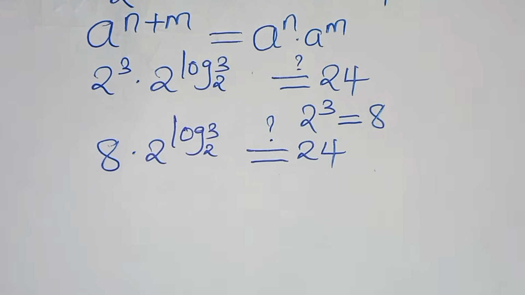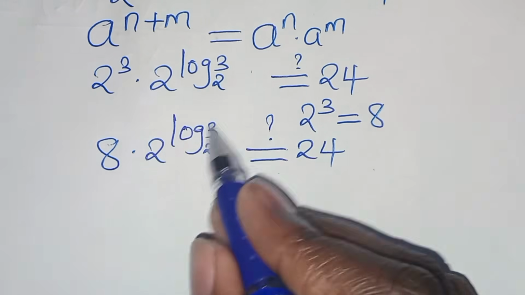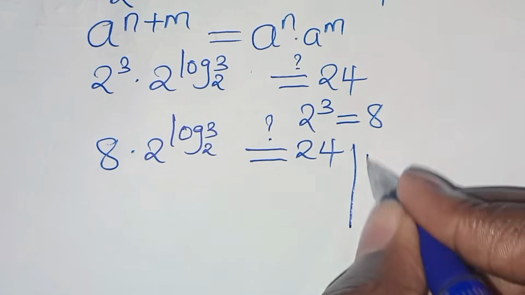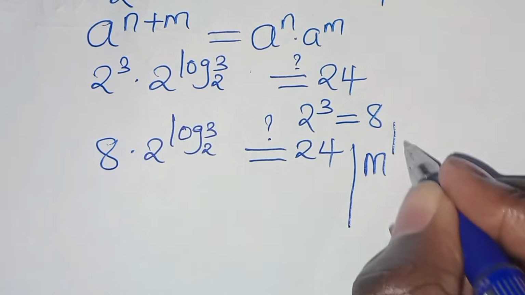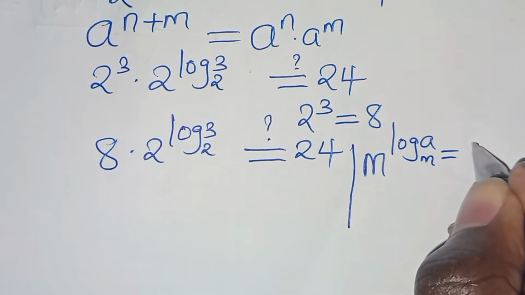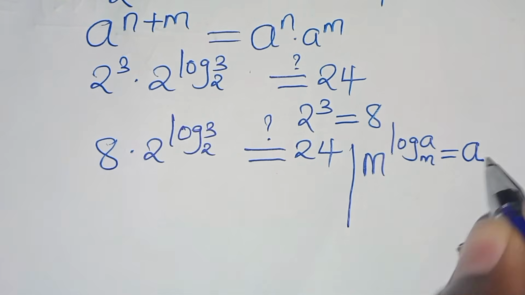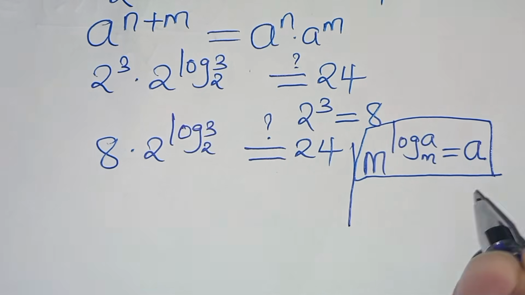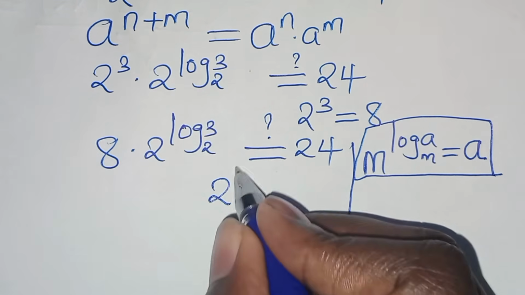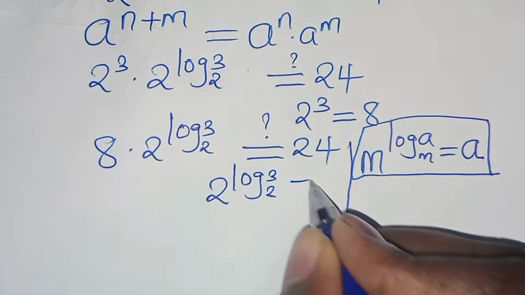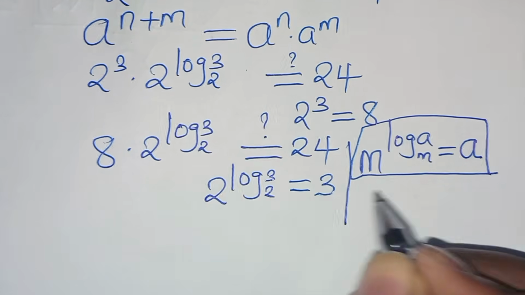Now, we have that 2 to the power log 3 to base 2. This is in the form of m raised to the power log a to base m, and this is essentially supposed to give us a value of a. Applying this logarithm property, 2 to the power log 3 to base 2 gives us a value of 3.